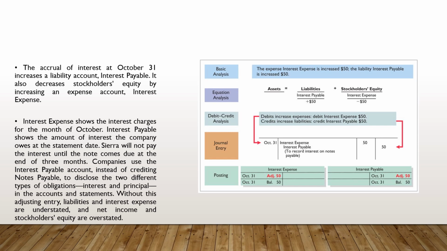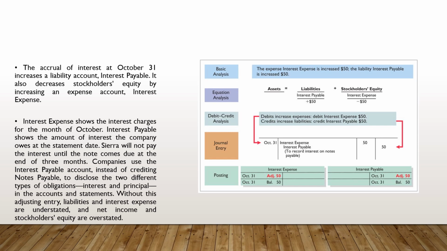So the liability account would be interest payable. It also decreases stockholders' equity by increasing our expense account, which is interest expense. Okay. So our interest expense shows the interest charges for the month of October. The interest payable shows the amount of interest the company owes at the statement date.